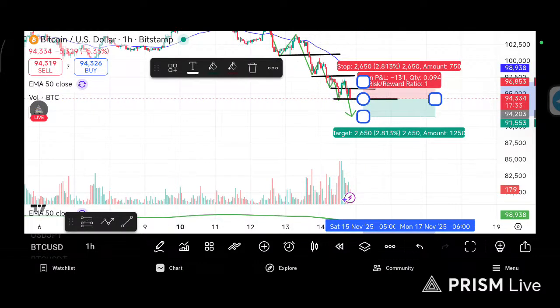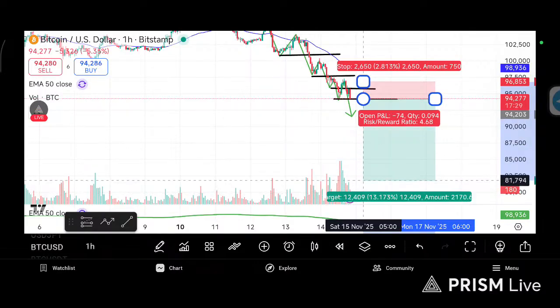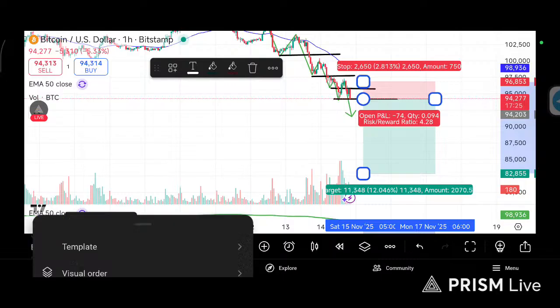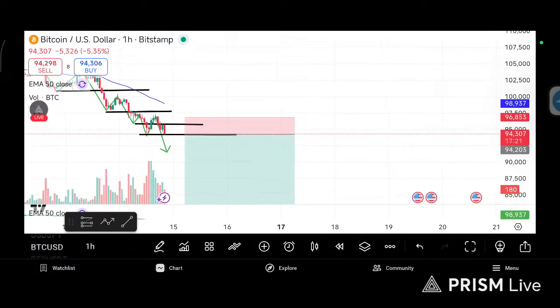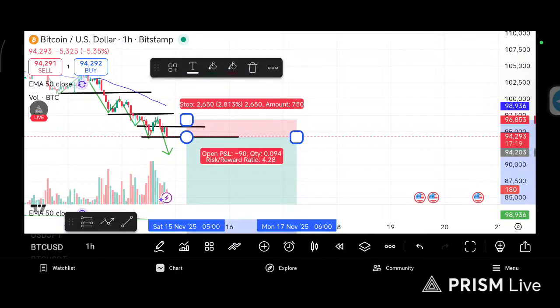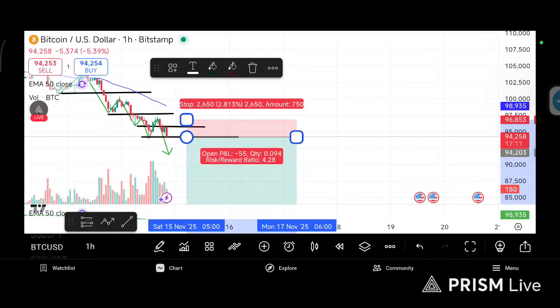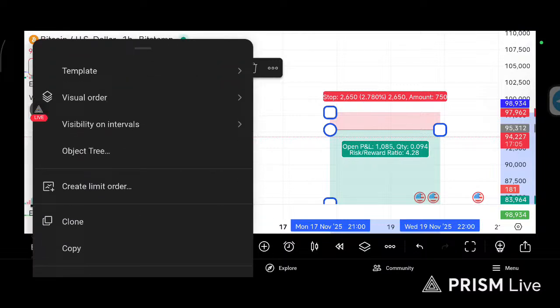This short position, right? Once it breaks here, we can enter a short trade from here. You can enter a short trade from here, and once you enter a short trade from here, we take our stop loss to maybe this.